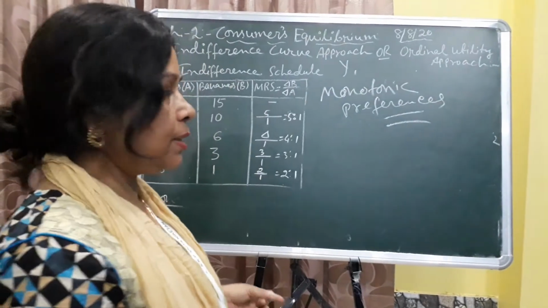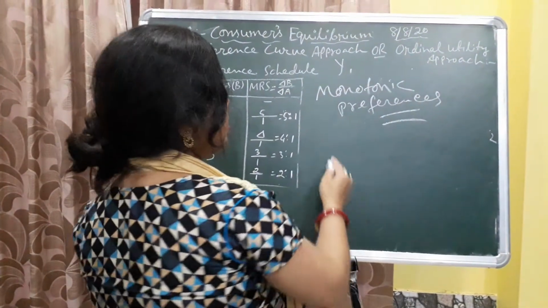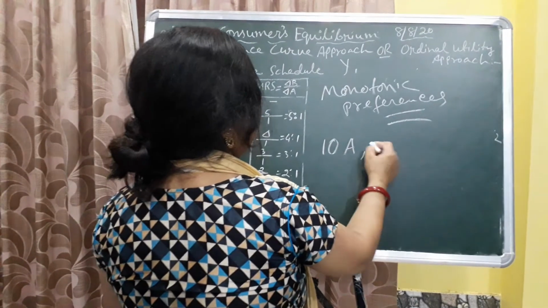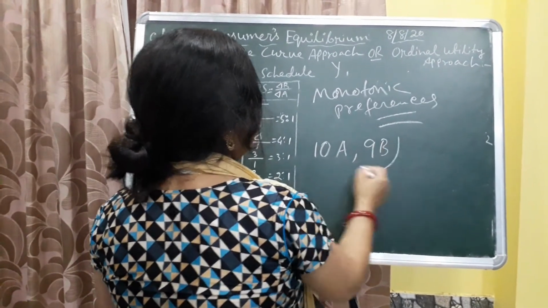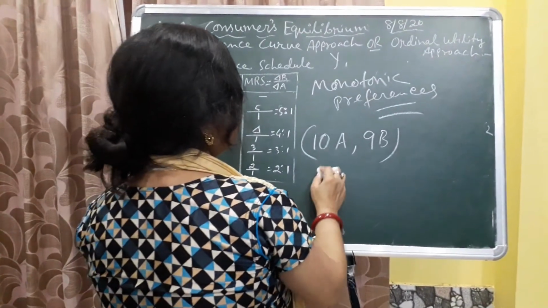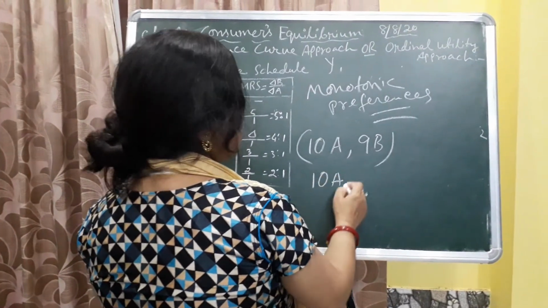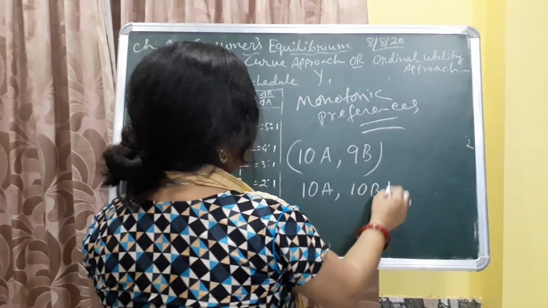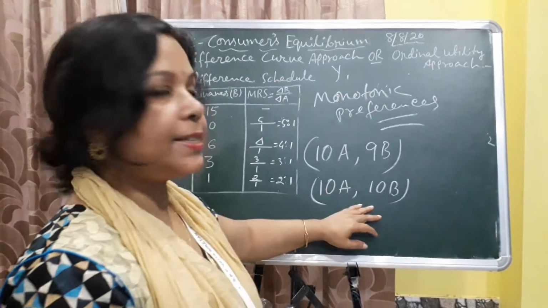Now I am giving an example, two bundles. 10 apples and 9 bananas. This is our first bundle, and next 10 apples and 10 bananas. This is the second bundle.